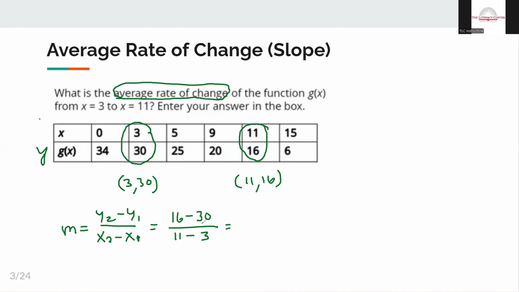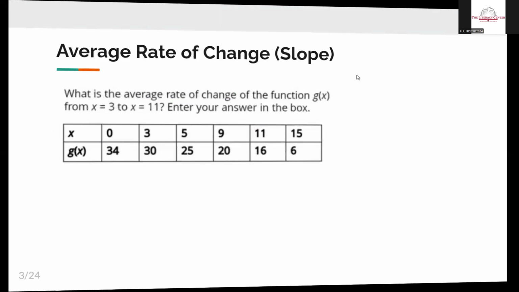So we get 16 minus 30, which is minus 14, over 11 minus 3, which is 8, and we divide negative 14 by 8, and we get negative 1.75. So that is just like a slope. Our average rate of change is negative 1.75. Very confusing if you haven't seen that problem before.